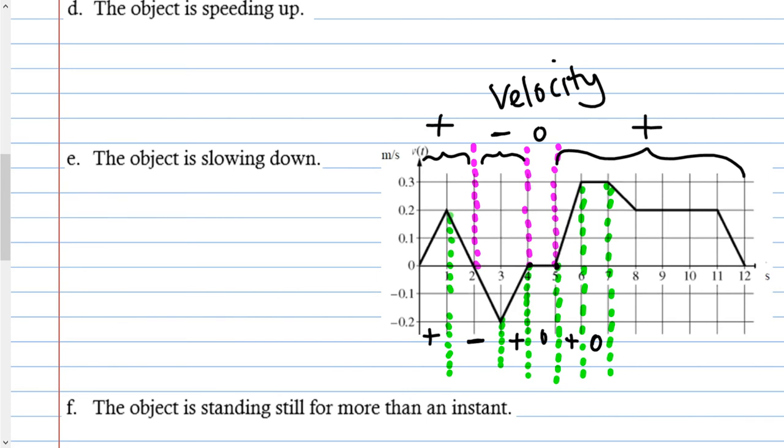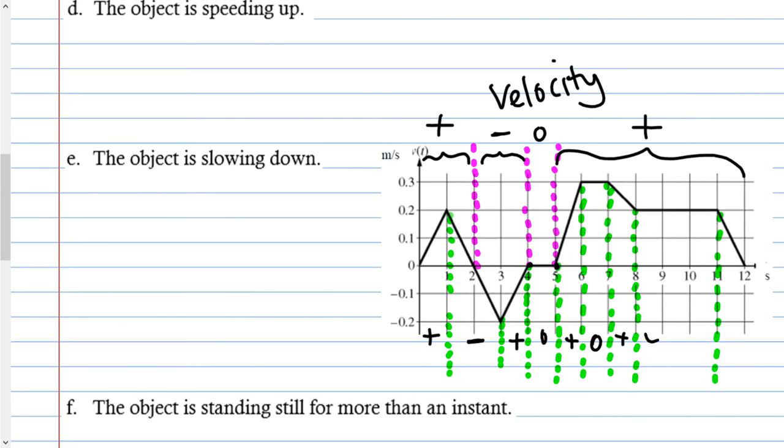But not impossible. From 7 to 8, my slope is totally negative. So negative. Oops, I'm missing some green dots. Okay. From 8 all the way to 11, again, not at rest, 0.